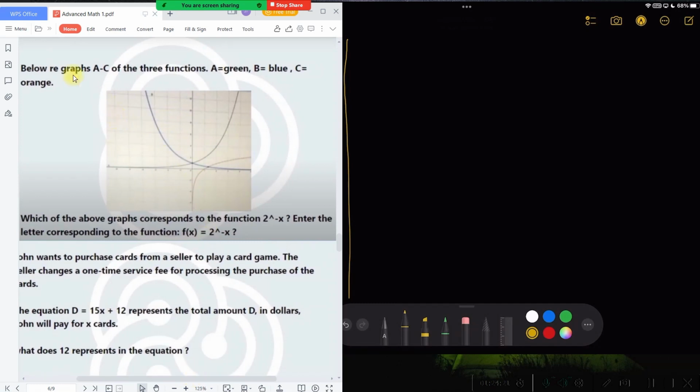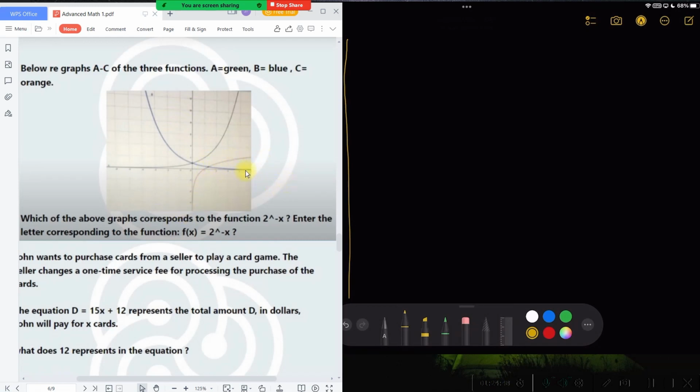Below are graphs A to C of three functions. A is green, B is blue, and C is orange. Cái đường này là green nè. This is green, okay? This is blue and this is orange.